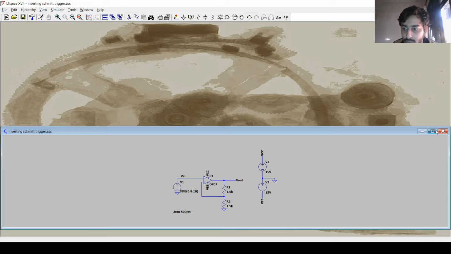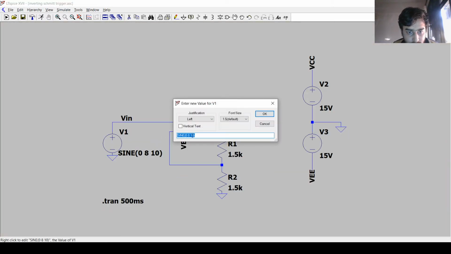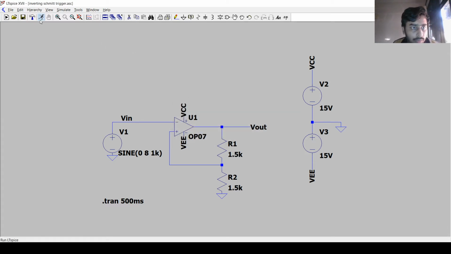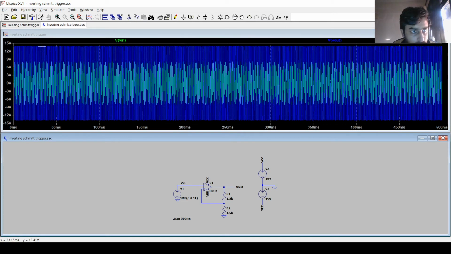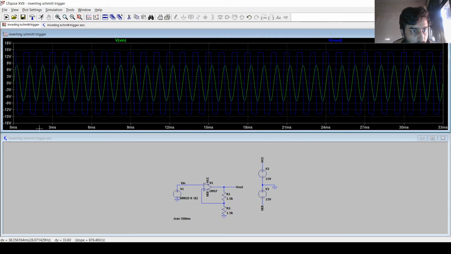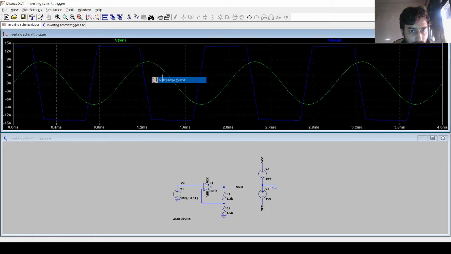Now let's see for 1 kilohertz frequency. As you can see, for 1 kilohertz frequency a proper square wave has been achieved.